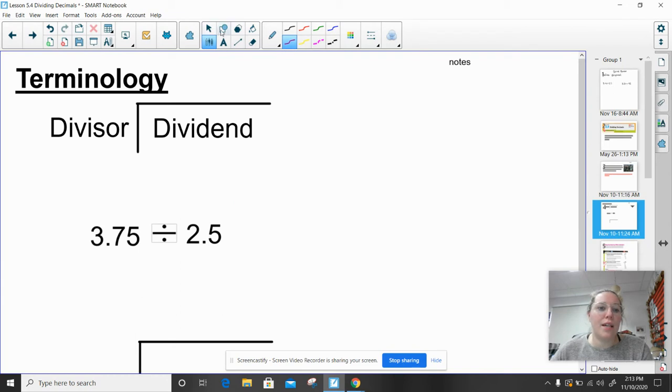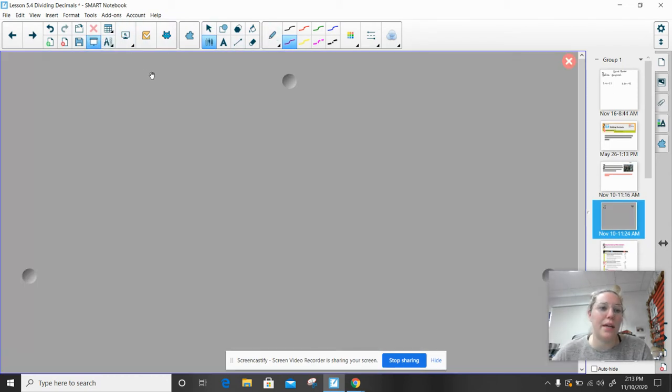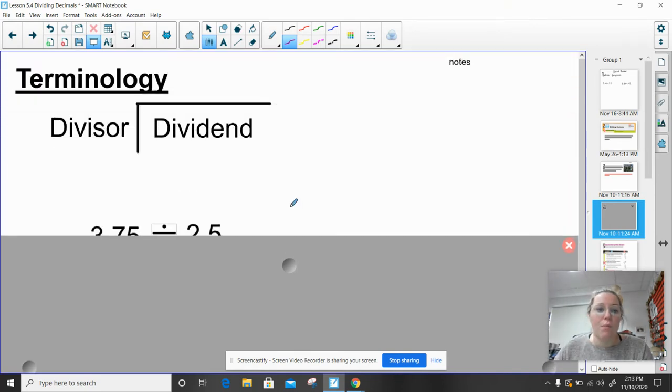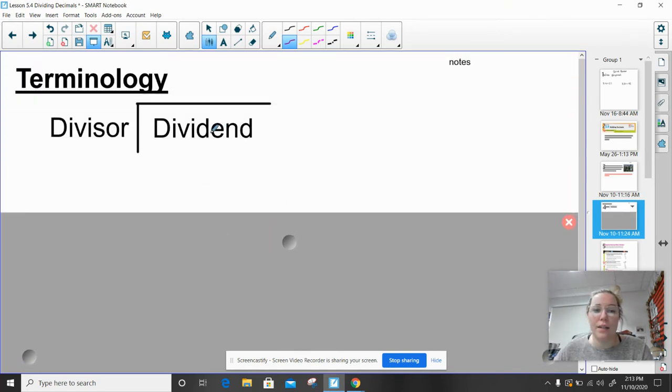So to divide decimals, we need to know some terminology. We talked about this terminology a little bit at the beginning when we did 5.1, but we need to know that a dividend, or the total, remember, goes inside the house, and the divisor, the number of groups or the number in each group, goes outside the house.